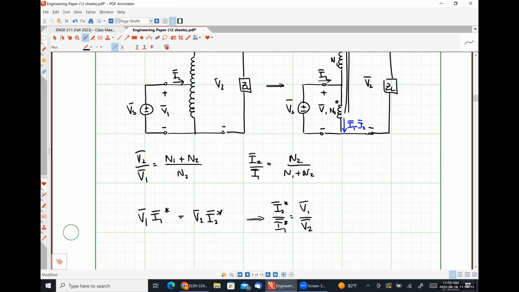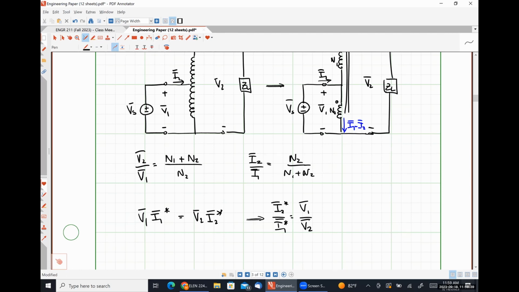Would probably be similar because it's just a lot of turns versus splitting it up among two coils. It's just one coil with a whole bunch of turns versus two coils with a smaller amount of turns. So I think they would largely be comparable. I don't know that one's going to be more efficient than the other.